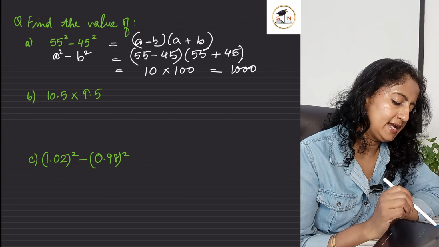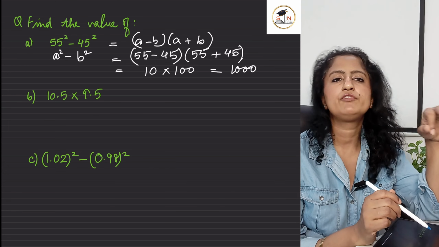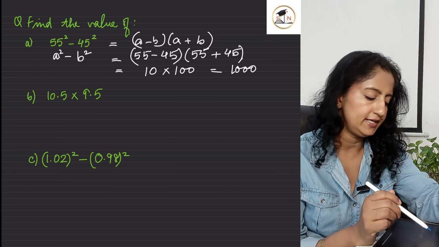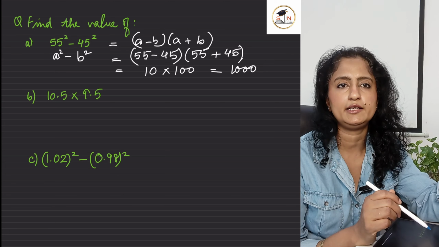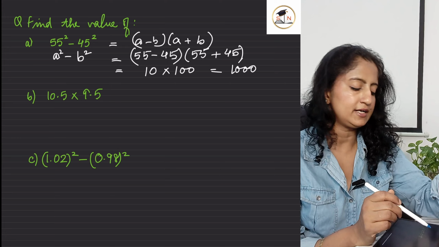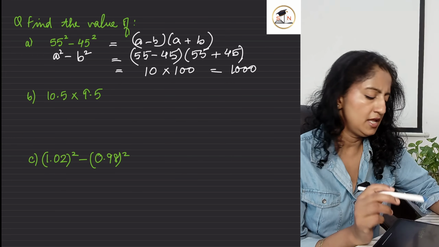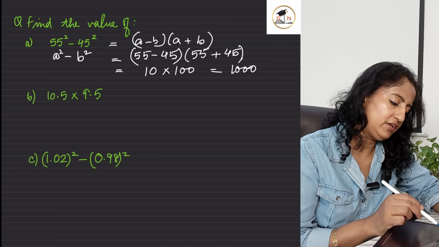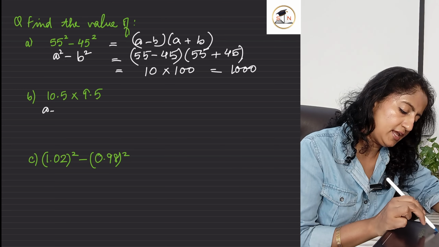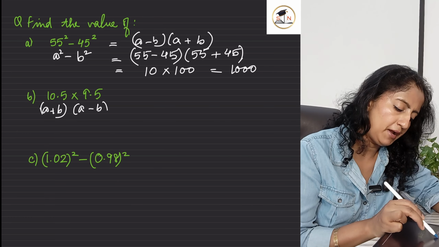Second part says 10.5 into 9.5. Okay, now we do not have any squares, right? So how to understand that yes, we need to apply the third identity. That's true that just by looking at it, it becomes a little tricky to understand. But if you realize, what we have over here is the form of a plus b and then a minus b.